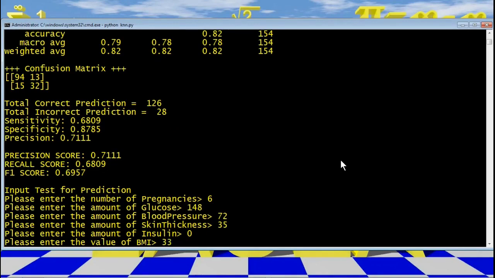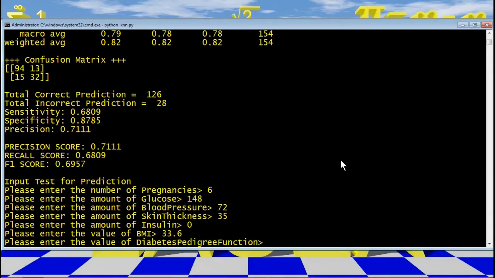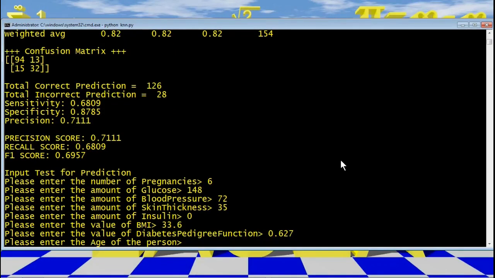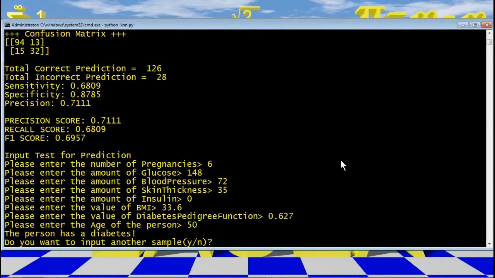BMI, 33.6. Diabetes pedigree function, 0.627. Age of the person, 50. And the prediction is that the person has diabetes.